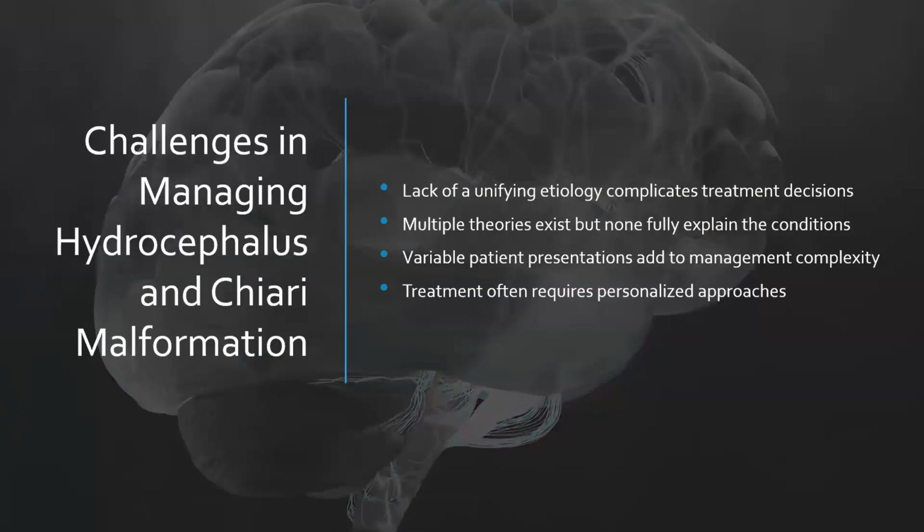And again, as I mentioned before, lots of challenges with this. I think a lot of these papers have small numbers of patients. And I think there's still more to be done in terms of finding an optimal management pathway for hydrocephalus and Chiari malformation.